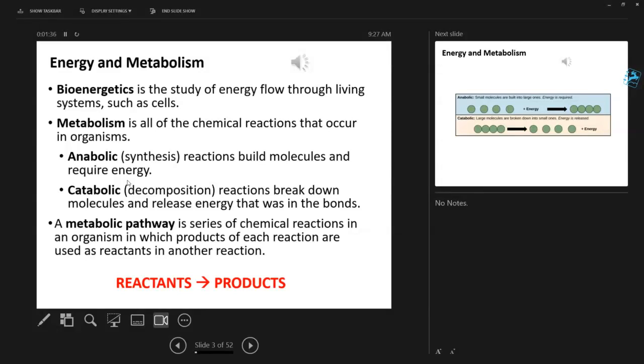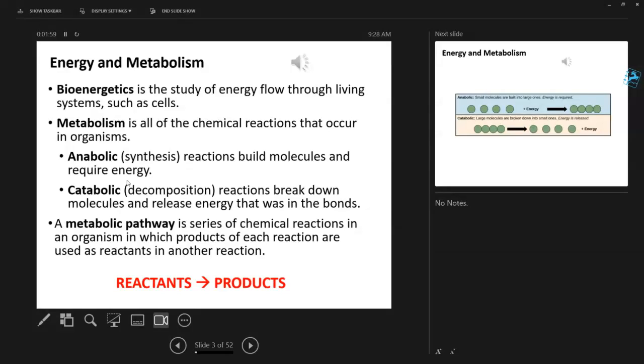This term metabolism, I think we've learned that already. All the chemical reactions in an organism, and that includes synthesis reactions. Of course, synthesis in chemistry means making molecules. And in biology, we call that anabolic.